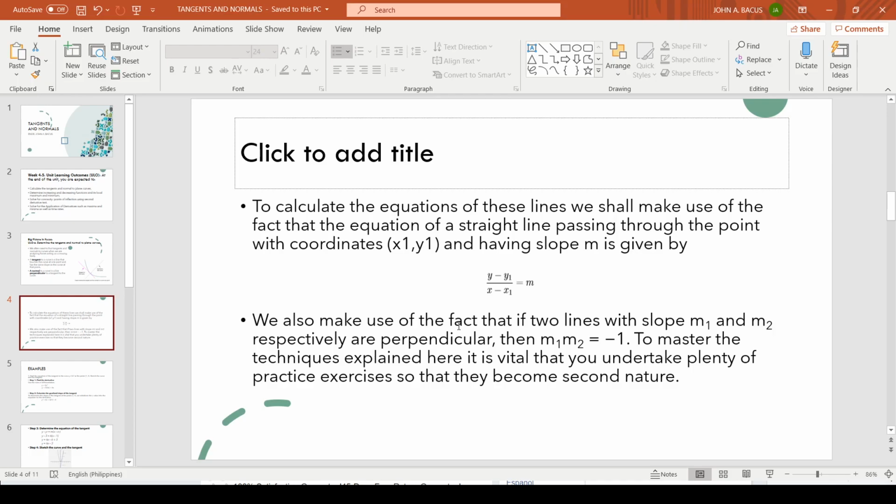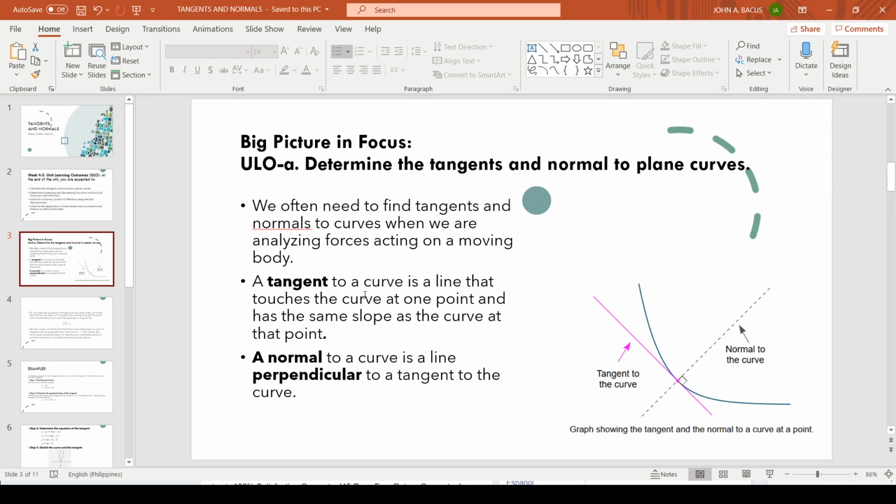So that's how you are going to get the slope of a tangent. Remember the slope of a tangent is the same as the slope of the curve. While the slope of the normal is the negative reciprocal. Okay? Because it's perpendicular.